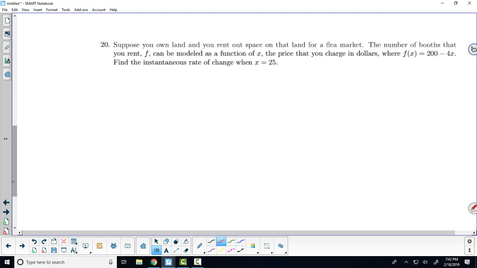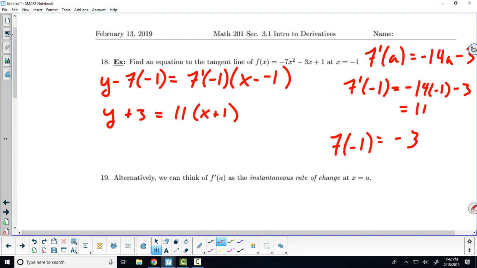Here's a quick example of how we could, yes? So you basically just found the point and the slope and put it into the formula. Point-slope formula. Exactly. So the way this differs from an algebra 1 problem is finding the slope did not involve using the slope formula per se. It involved computing the derivative, which had a limit in it. Right.